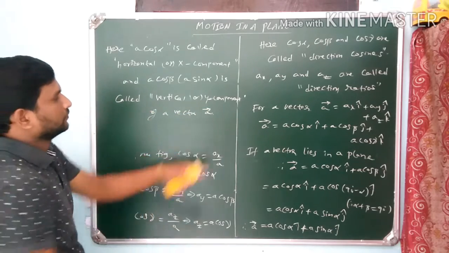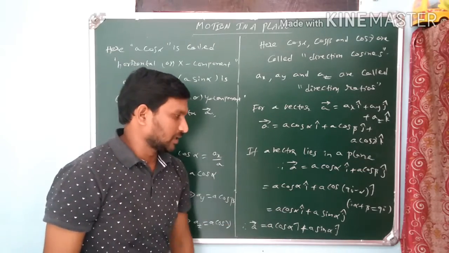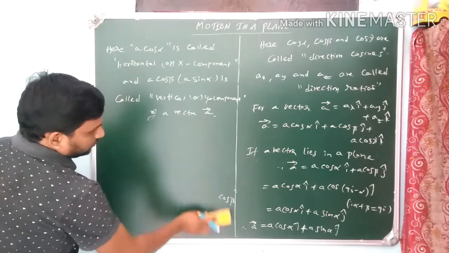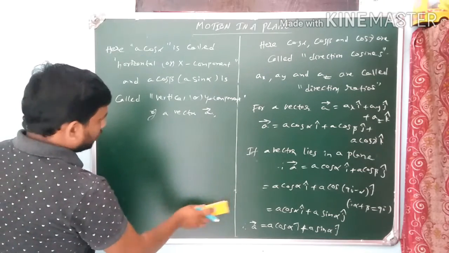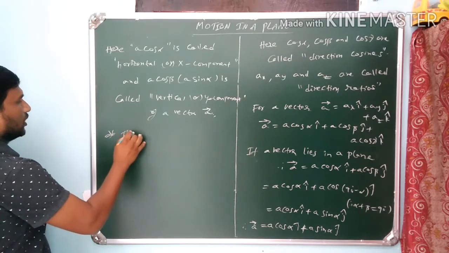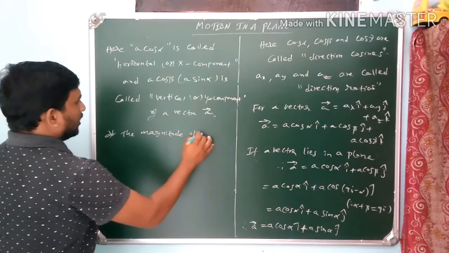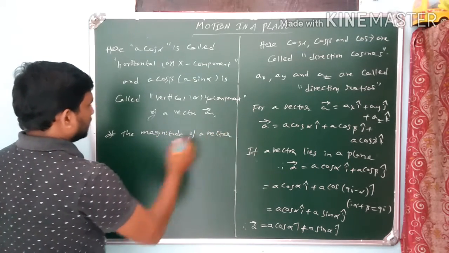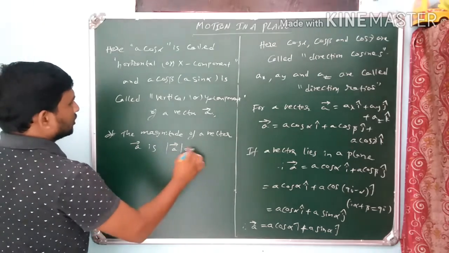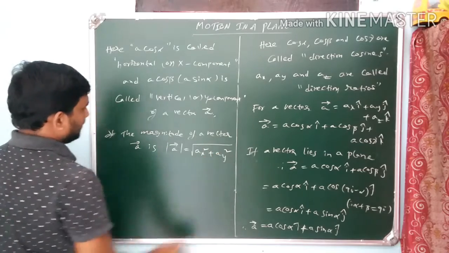Now suppose you are going to calculate the magnitude of the vector in the xy plane. The magnitude of a vector a bar is given by mod a bar is equal to root over ax square plus ay square.